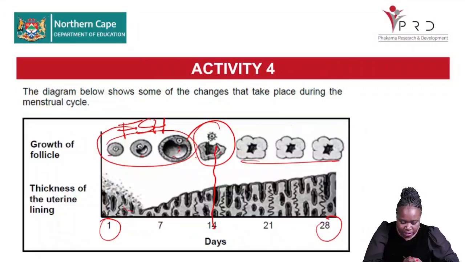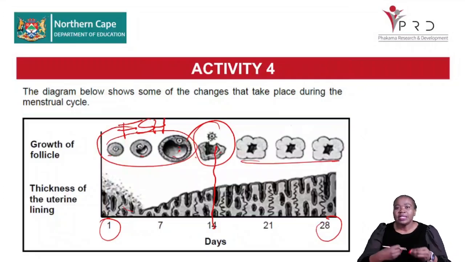The last question, 18.5, says some females use an ovulation monitor so that they can be aware of the days when they are fertile. These monitors measure the level of hormones in the blood, right? So by understanding the levels of hormones in the blood, you are able to understand when ovulation will take place.